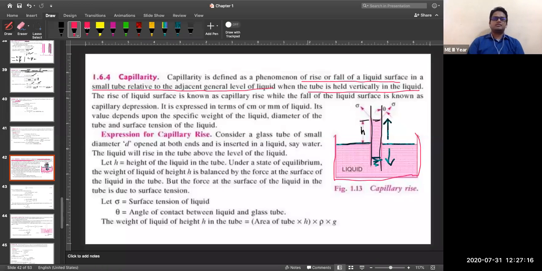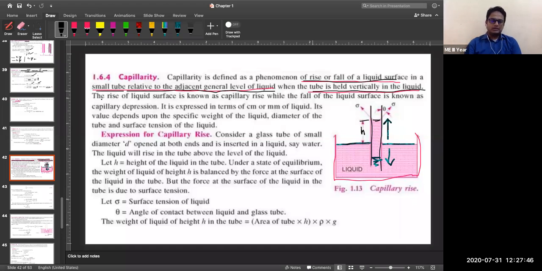If a short question is asked in your examination, define capillarity, then you have to write down this line. This is called capillarity.